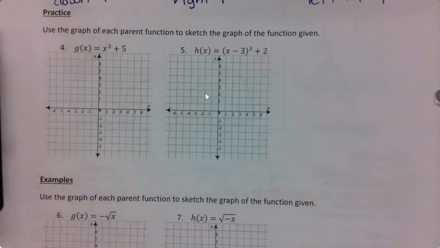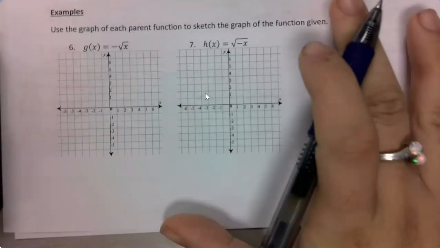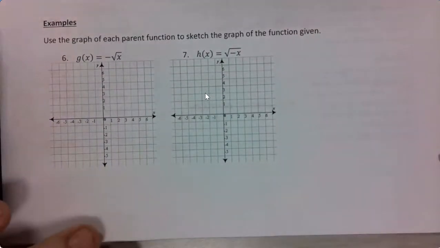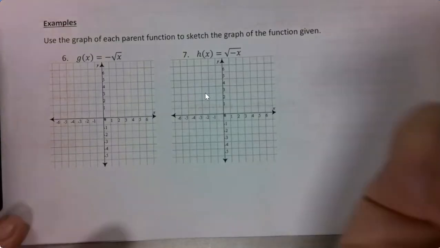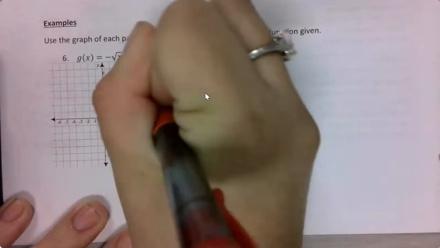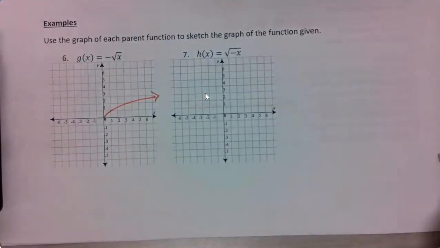Okay, so the next thing we're going to talk about is these reflections. It wants me to draw the parent function again, so I'm going to do that in red. Okay, what am I doing on this one? Reflecting across the y-axis or the x-axis? X-axis.